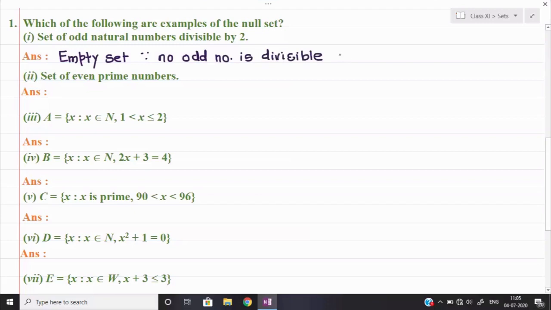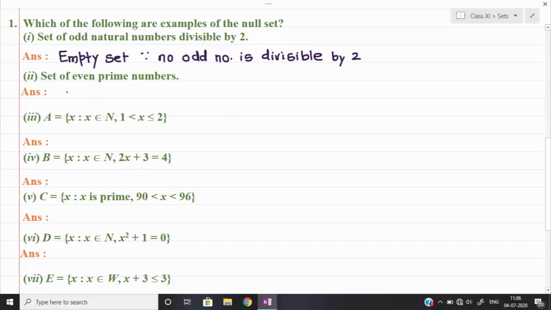Now similarly, let us see part number 2. In part number 2, they are saying set of even prime numbers. Okay, fine. Prime numbers, who are they? Those which are divisible by themselves only. Among them some are odd and only one is even.